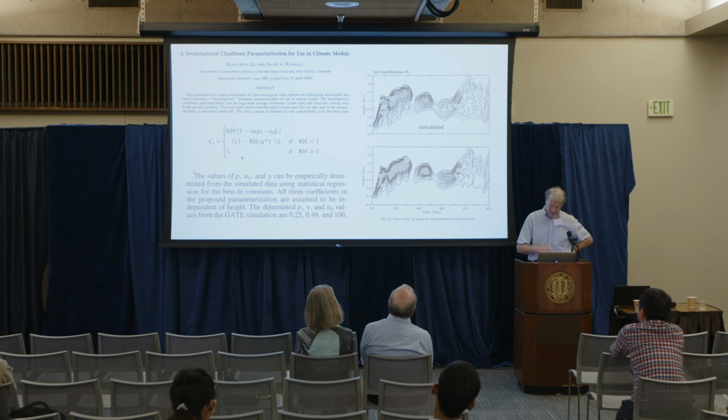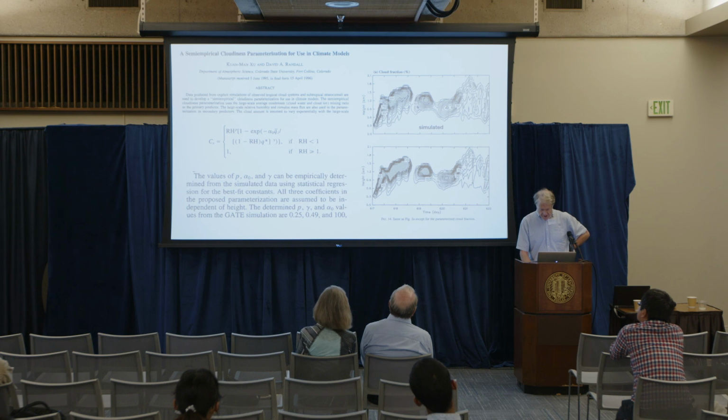The previous cloud fraction one had over 200. So cloud fraction was a very important deal in the 1990s. So this is the actual simulated, and this is what comes out of the formula. It shows a pretty nice match there.